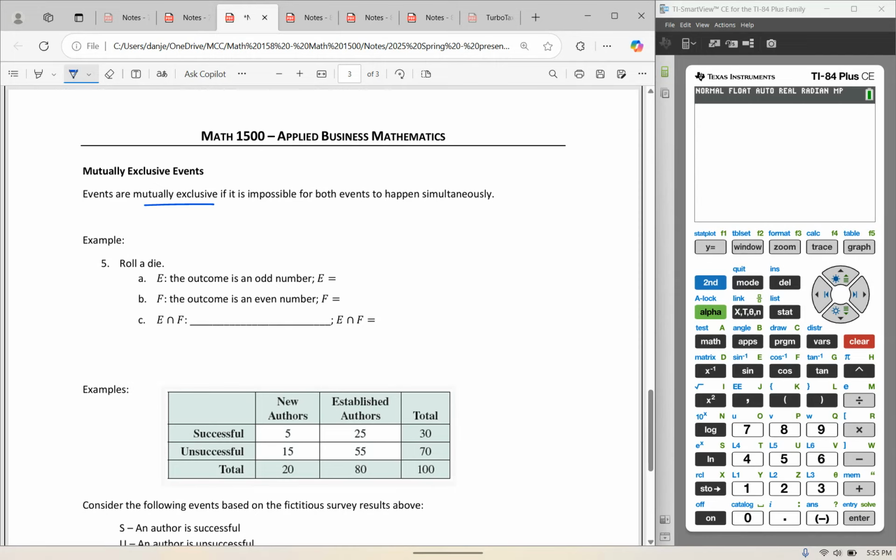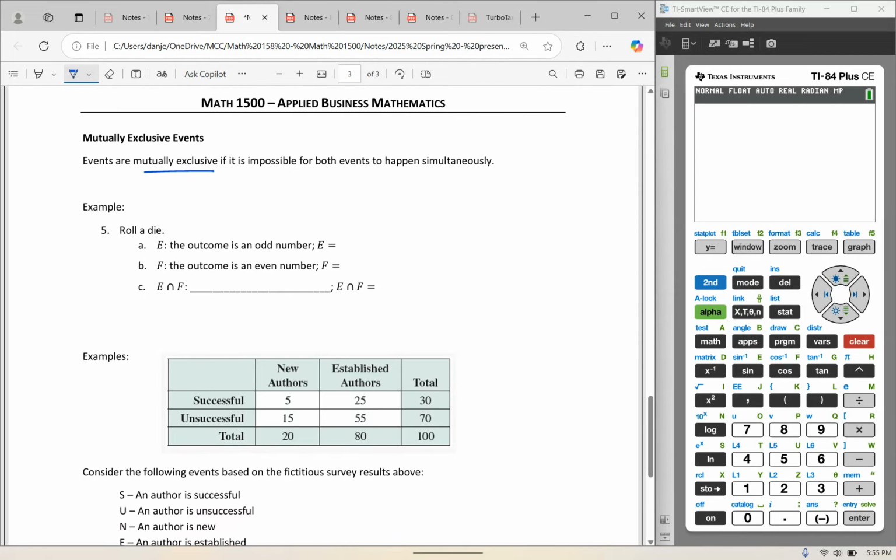Those outcomes, king and ace, would be mutually exclusive because one outcome excludes the other. Okay? So, for example, if I roll a die and E, the outcome, is an odd number, my set E would be 1, 3, 5. F, the outcome is even. That would be the numbers 2, 4, 6. Notice, if I roll the die and get an odd number, it can't be even. If I roll the die and get an even number, it can't be odd.